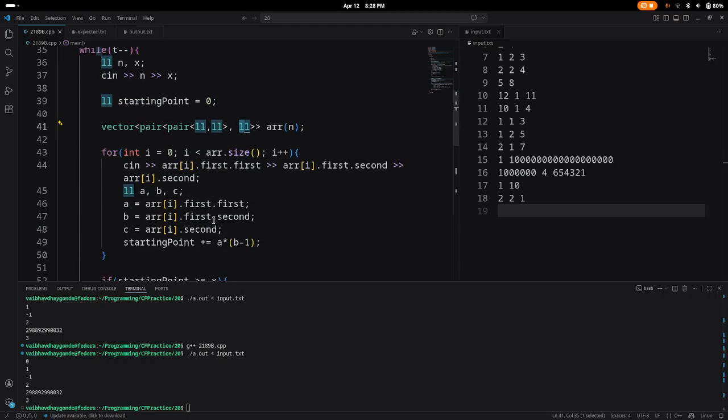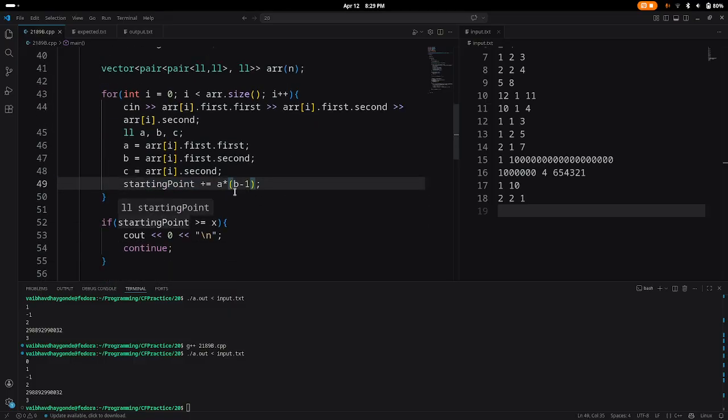So I'm taking the input, and I'm incrementing the starting point by a into b minus 1. For b equal to 1, we are not actually incrementing the starting point, but it doesn't matter as b is greater than or equal to 1. So this is always true, and this is always beneficial.